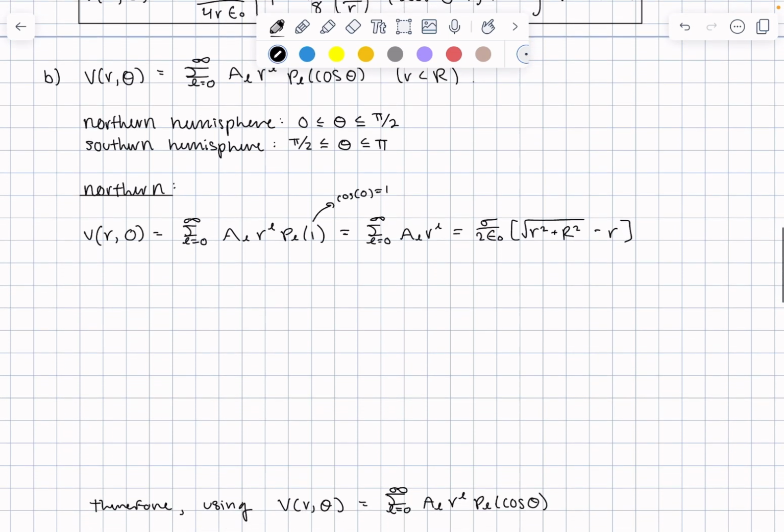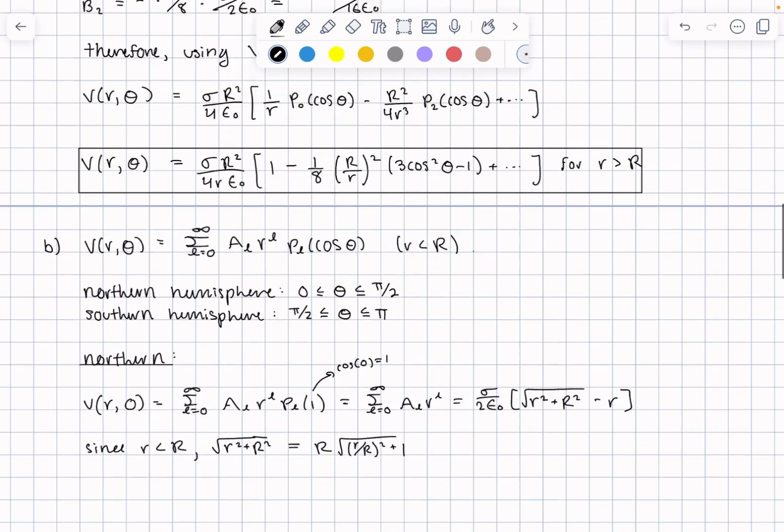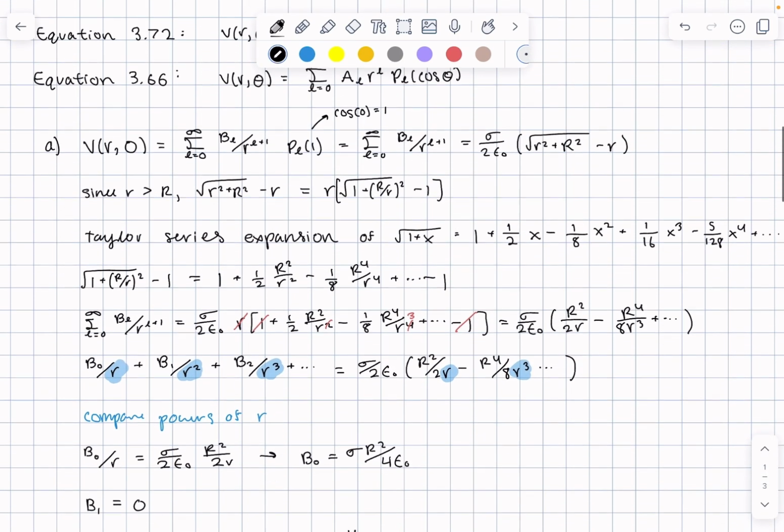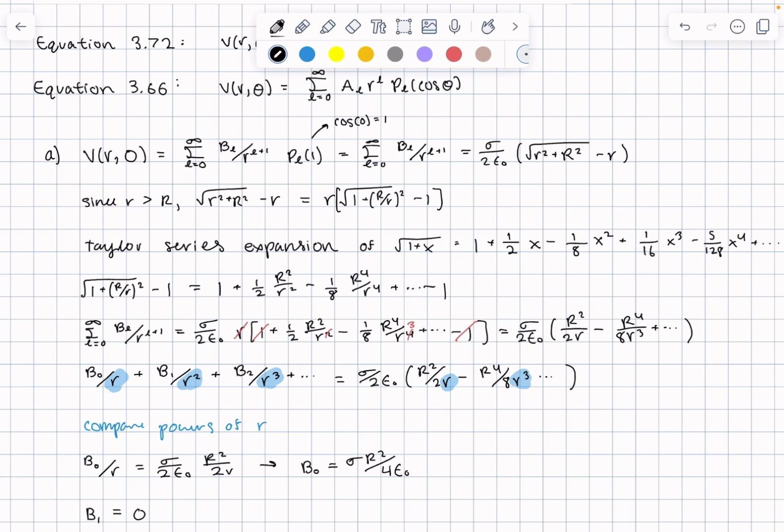And so now here, since little r is less than our radius, we will say that the square root of r squared plus big R squared is going to be equal to, now we'll factor out big R instead, right, because that's what we can do, times the square root of 1 plus little r over big R squared. And now again, we're just going to use the same technique with taking the Taylor series expansion of the square root of 1 plus x, right here, right?